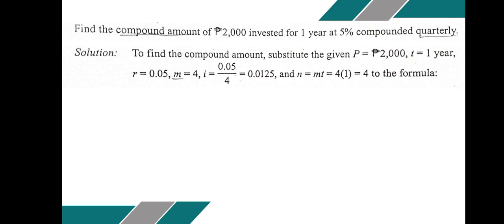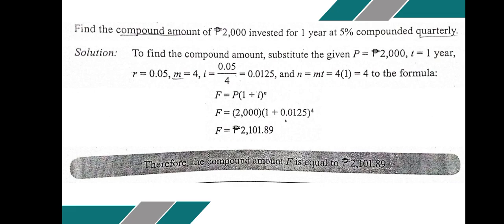And then, after identifying all the given, substitute it in our formula. The formula for the compound amount is F is equal to P times 1 plus I raised to N. So, our P, or the principal, is 2,000 times 1 plus I, which is 0.0125 raised to N, which is 4. So, that is equal to 2,101.81 pesos.